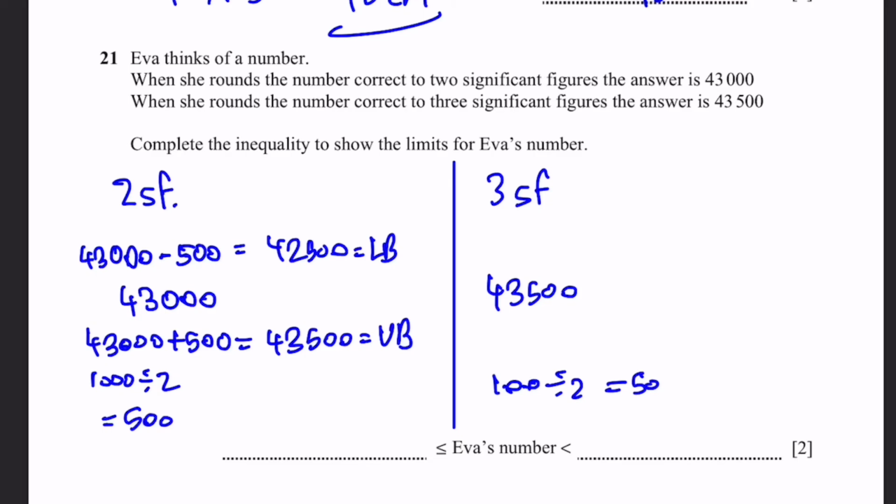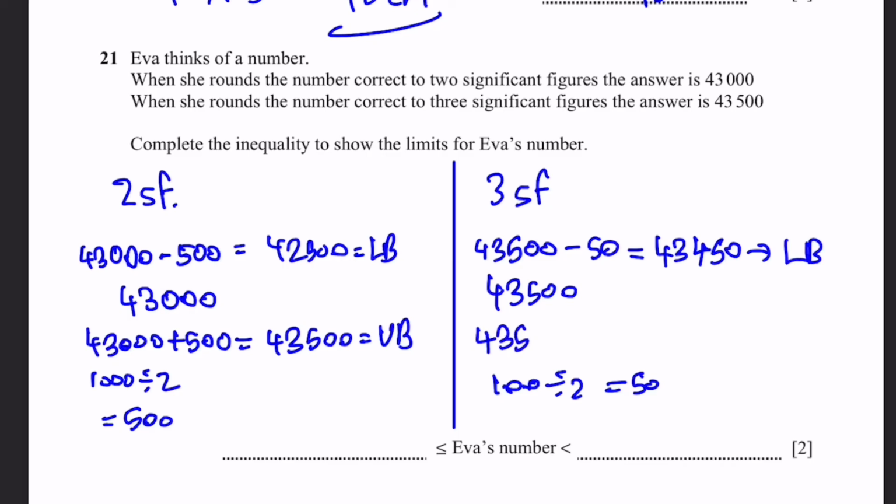And now we can add and subtract 50 from the number 43,500. So 43,500 minus 50 is equal to 43,450. That's the lower bound. And now 43,500 plus 50 is equal to 43,550, which is the upper bound.